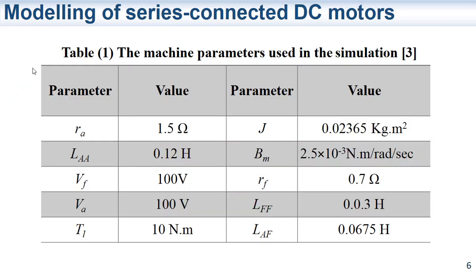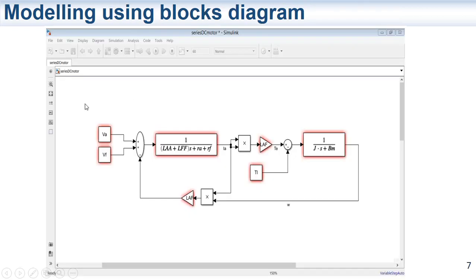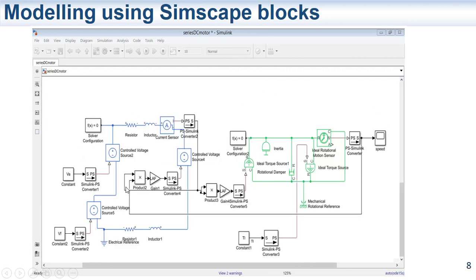Now, in order to simulate the machine, we're using the parameters presented in table 1. These parameters are taken from reference number 3. And as we mentioned earlier, we are using three different approaches. The first one is to present the machine using block diagrams. Then we use the components found in the Simscape library in Simulink to build the model of the machine.